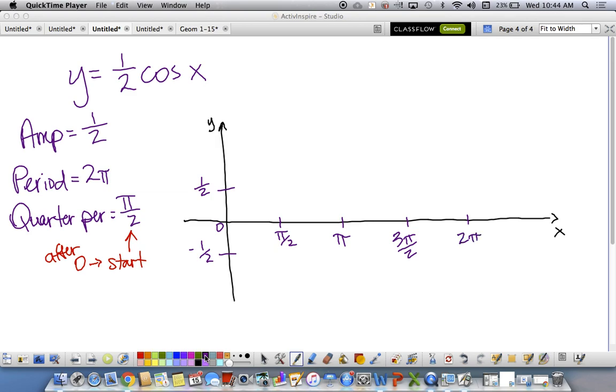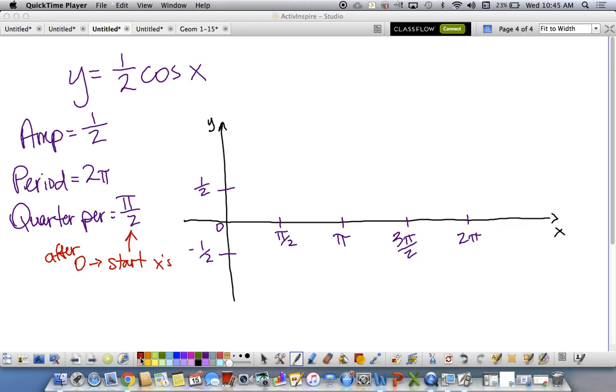I sometimes say this in my head: 1 pi over 2, 2 pi over 2, 3 pi over 2, 4 pi over 2. A lot of times they just go up incrementally like that. Then I say, after 0, start your x values at the quarter period.